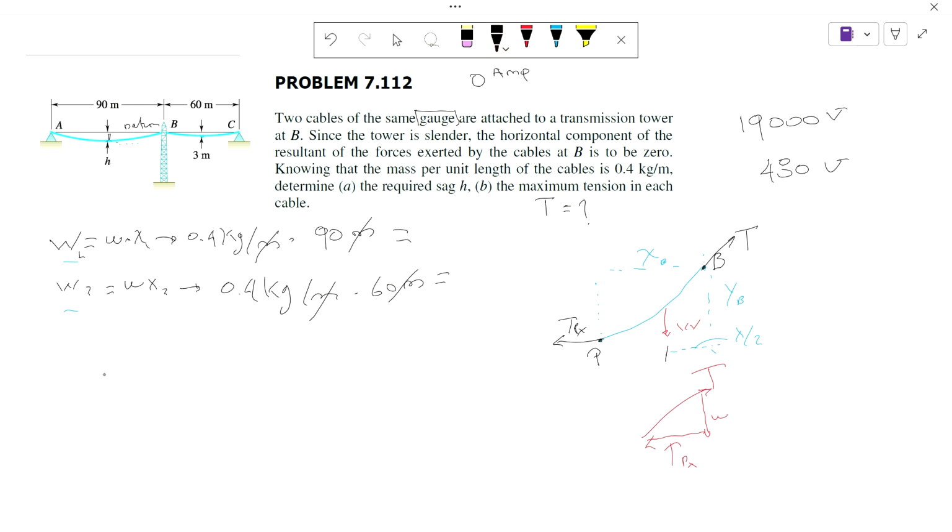And then with this, we can do summation of moments as we did before at point B. So let's do summation of moments at point B equals 0. Let's take counterclockwise positive.